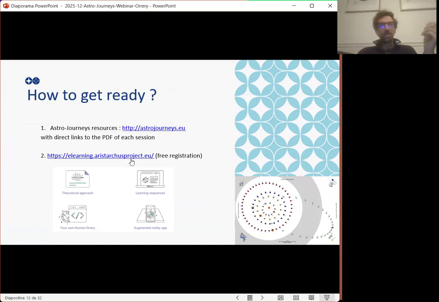In the meantime, you can go to the link to the Aristarchus project, where you get the learning sequences, but you also get information like a booklet about what this embodied cognition means, what it means that the student perceives things. So there are some theoretical descriptions. And you have a link to the website to create your orrery. And that's what I'm going to present now.